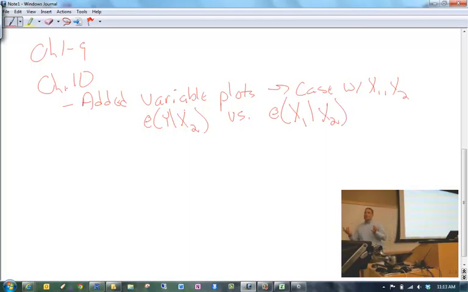Essentially you're trying to adjust out the effect of X2 from both Y and X1 so that you can look at Y and X1 given X2 is already going to be included in the model. X1 given X2. This is a plot for X1.